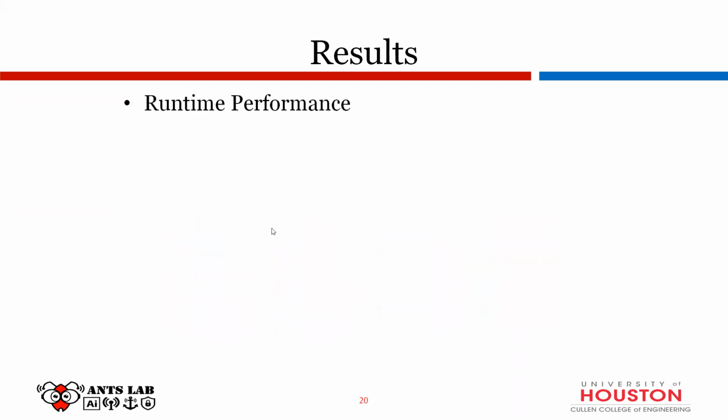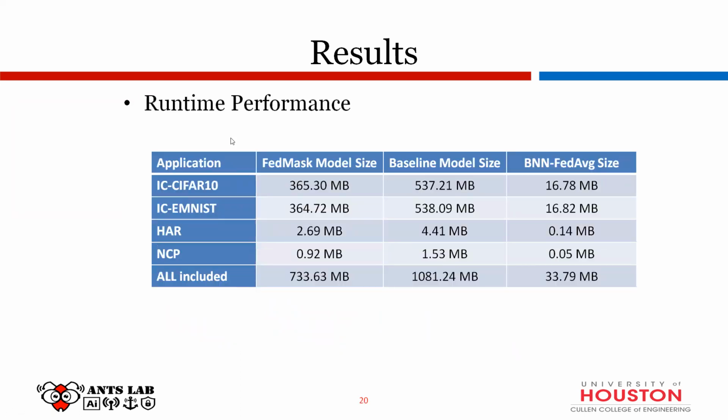Okay, so this is the runtime performance. We'll see the model sizes, because these affect the time. FedMask has this overall model size. The baseline has a larger model size. And the BNN, because they are all binary weights, has a very small binary size.